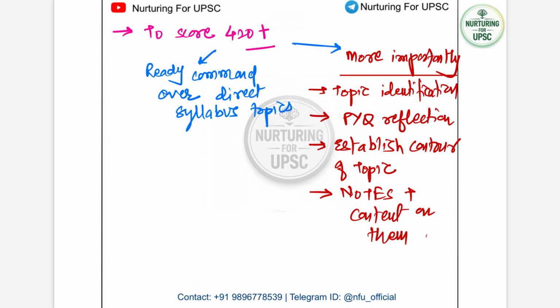To score 420 plus marks, our focus must be ready-made command over the direct topics. So if there is a question on e-governance, RPA, communalism, secularism, or the food processing sector, these questions are very explicit as the syllabus subhead itself mentions them, and preparing for them is a bit easier compared to the implicit topics.